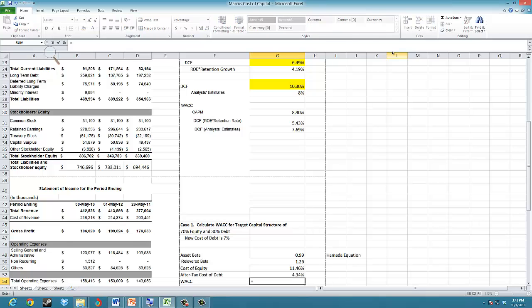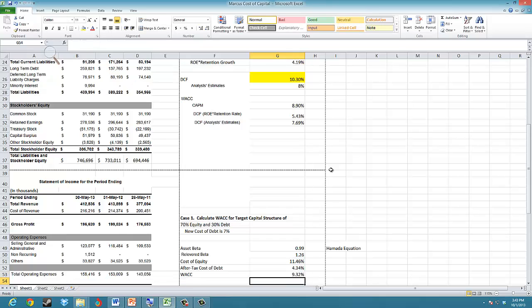And the weighted average cost of capital would be our cost of equity multiplied by our weight of equity in the capital structure, which is 0.7, and I get that right here, 70% equity and 30% debt, plus the after-tax cost of debt multiplied by the weight of debt in the capital structure, or 0.3, and we get a weighted average cost of capital of 9.32%.